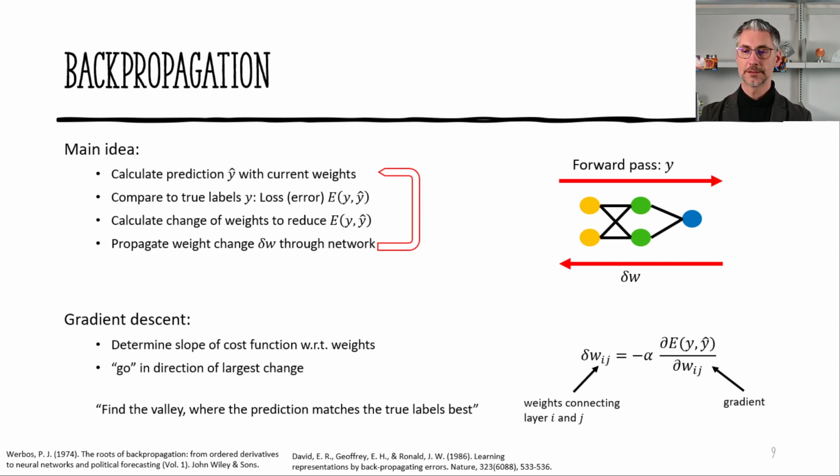And the gradient is then calculated such that we calculate how and in which direction we need to change these weights to make the cost function smaller. So this determines our change in weight, and we also need to give it a parameter that determines how quickly we go in this direction. In a nutshell, what we want to do here is to find the valley where the prediction matches the true label best.